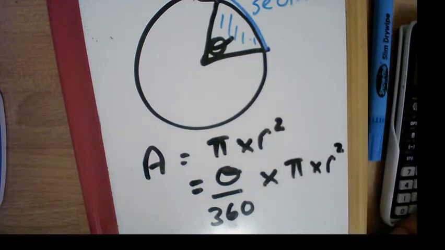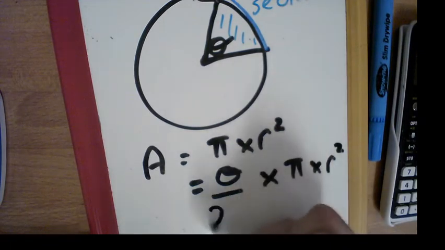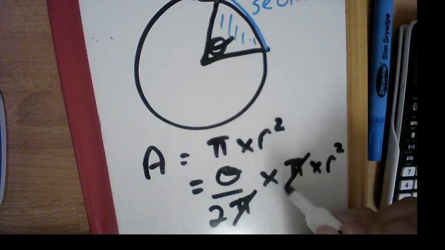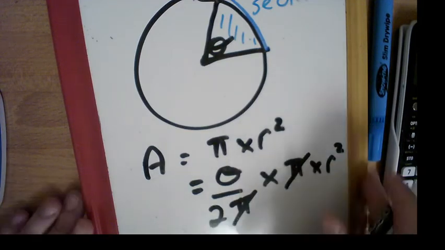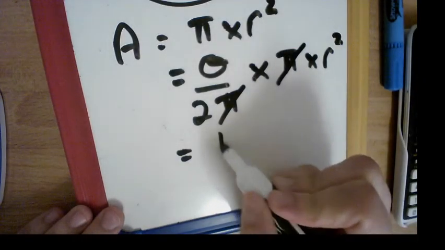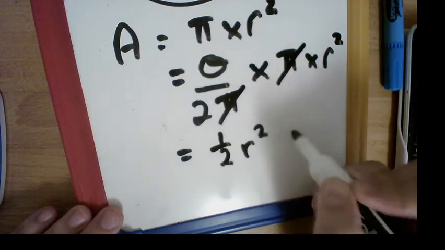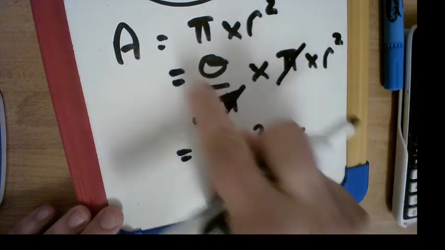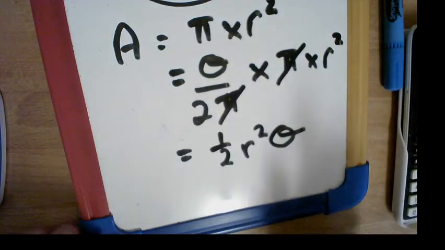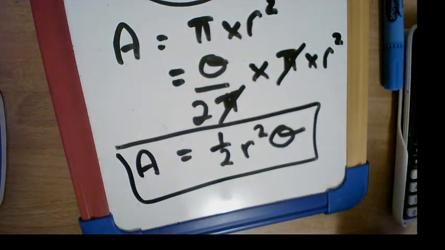Well, if we're in radians, that 360 degrees becomes 2 pi. The pi's now cancel, and I come up with the first of my formulae, which is that the area is a half r squared theta. There's the half, there's the r squared, there's the theta. And that is the area of a sector.